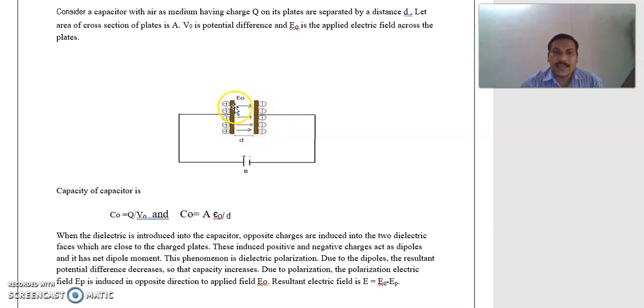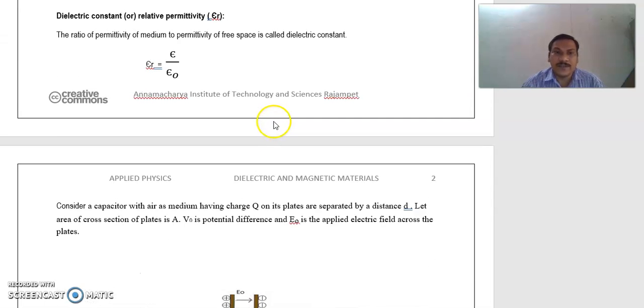So the electric lines of force pass from the positively charged plate to the negatively charged plate. If you keep any medium or vacuum there, the electric lines of force pass through that medium. The ability of the material to allow the electric lines of force is also called the permittivity of the material.